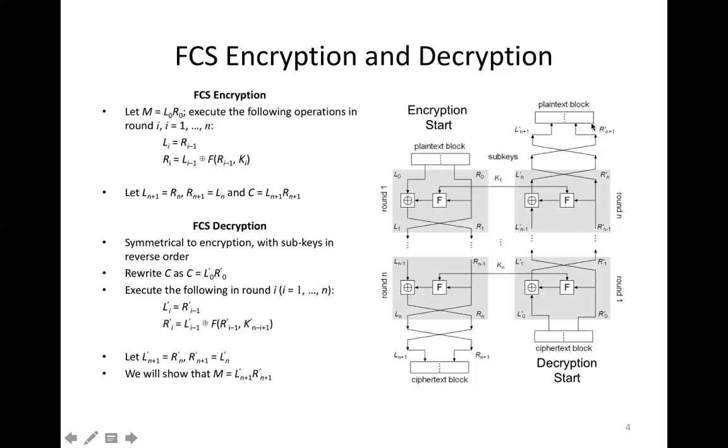That should give you the plain text. For now, we are just saying that it gives you an output string, L sub n plus 1 prime followed by R sub n plus 1 prime. We are going to see that it is identical to your plain text input, L0 followed by R0.